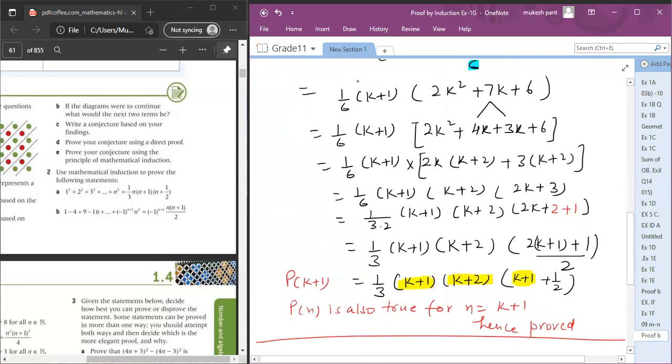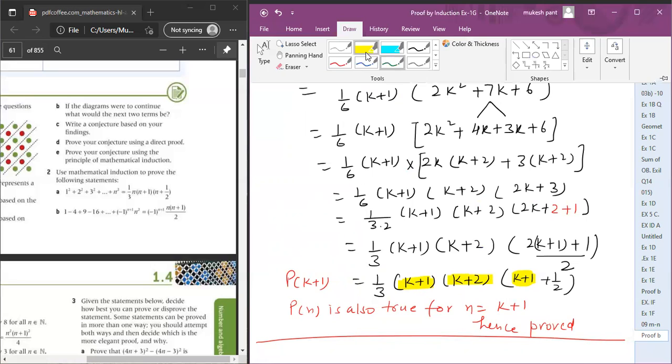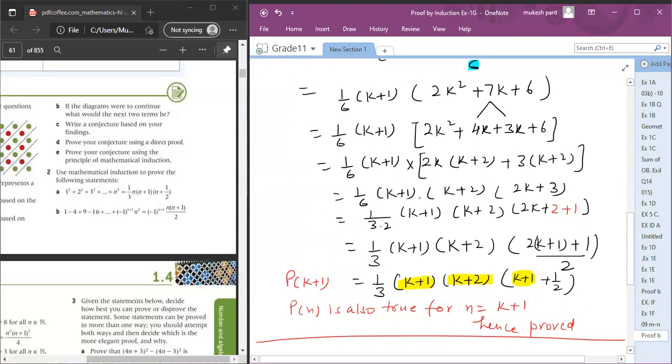Okay. Look, this 6 I split into 3 times 2. Why am I doing 3 times 2? Because I know my answer should be 1 over 3. So 2 is there, so I will remove 2 from here. The rest of the things are the same.